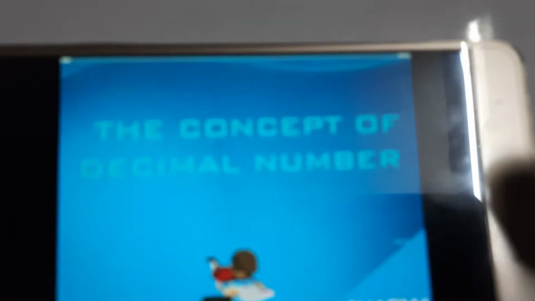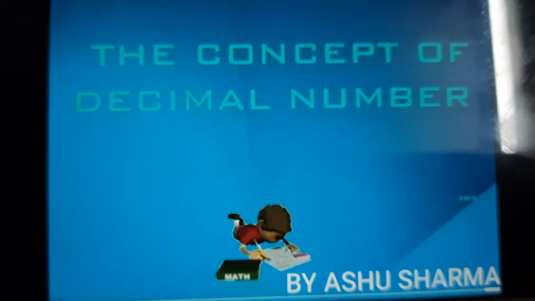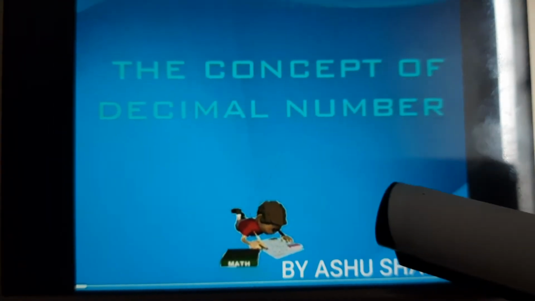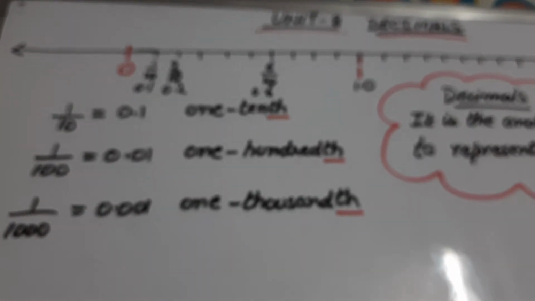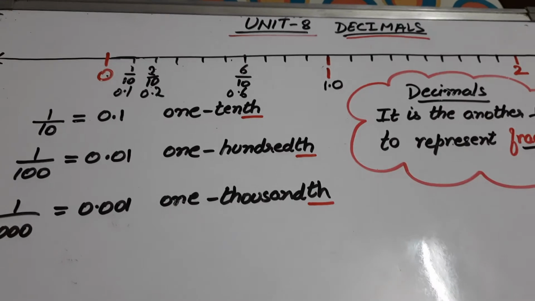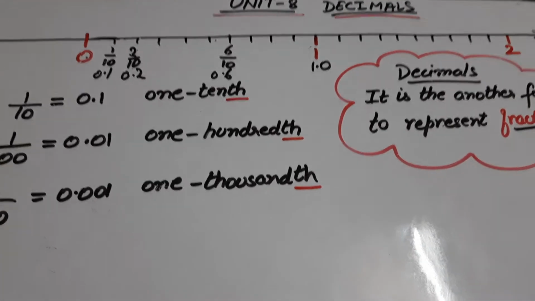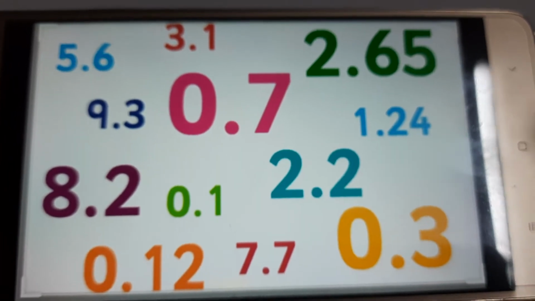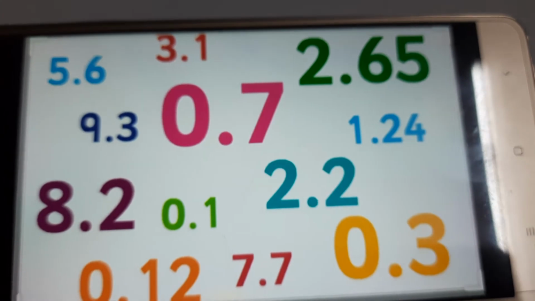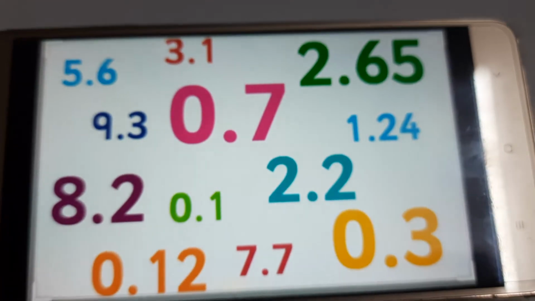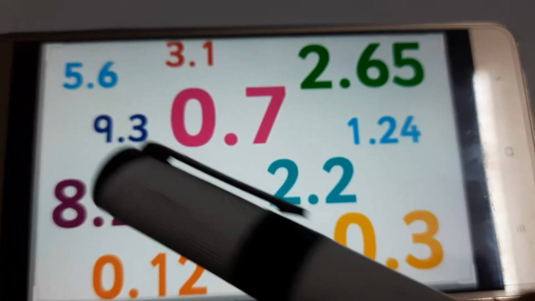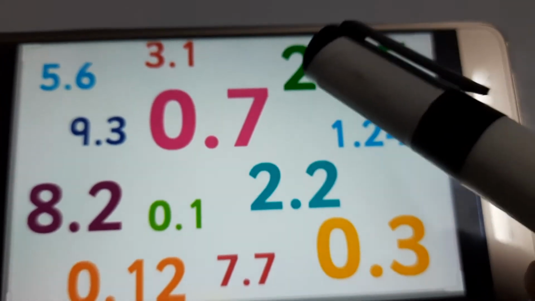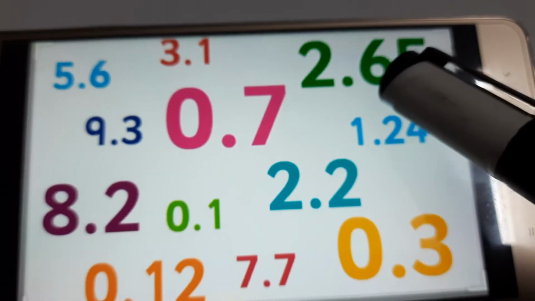So the concept of decimal numbers is based on fractions, right? You can see various decimal numbers here, like 5.6, 3.1, 0.7, 9.3, 2.65.